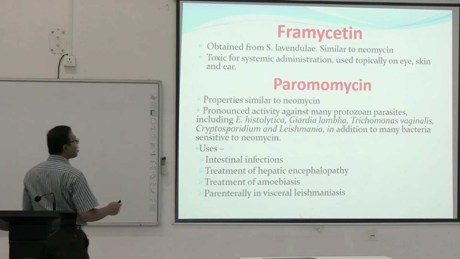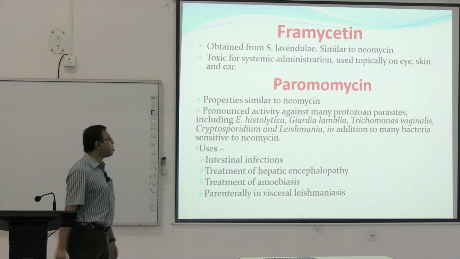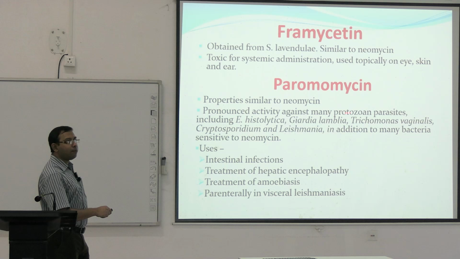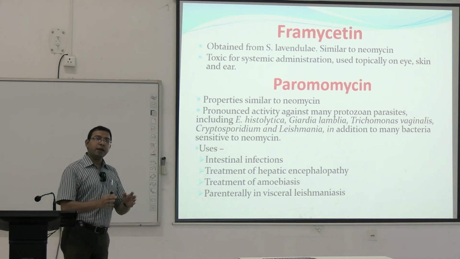Paromomycin is another drug whose properties are similar to those of neomycin. It has pronounced activity against many protozoan parasites in addition to bacteria.